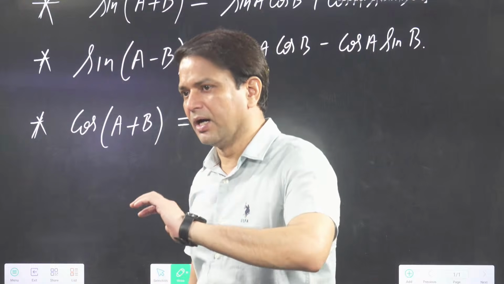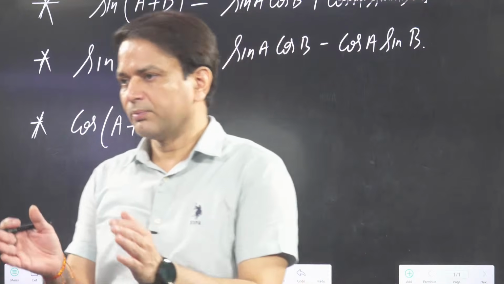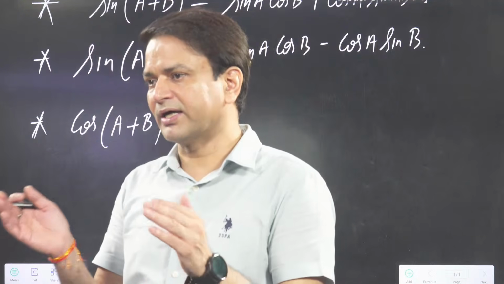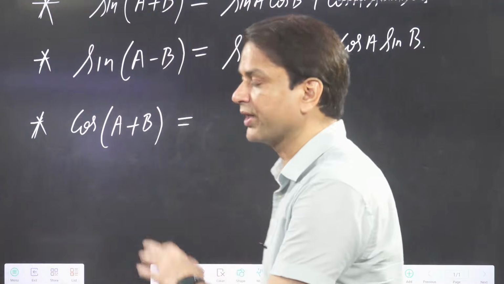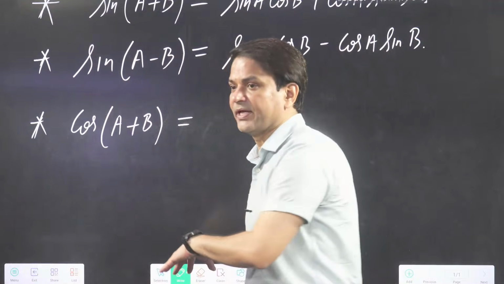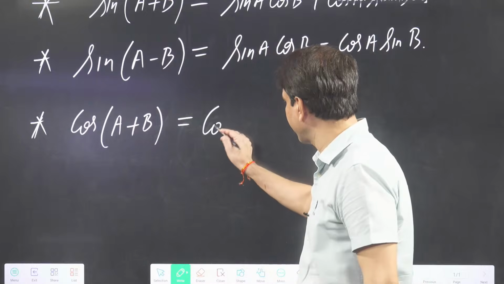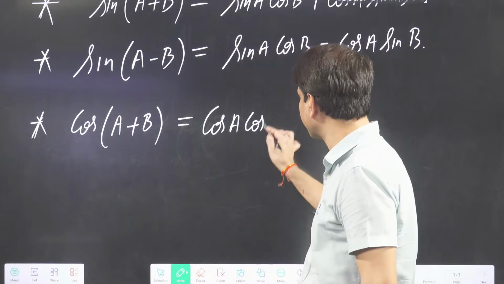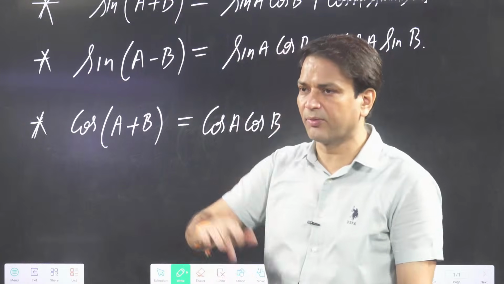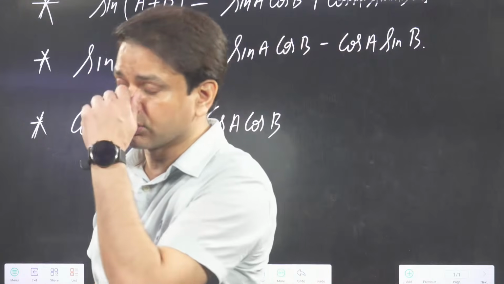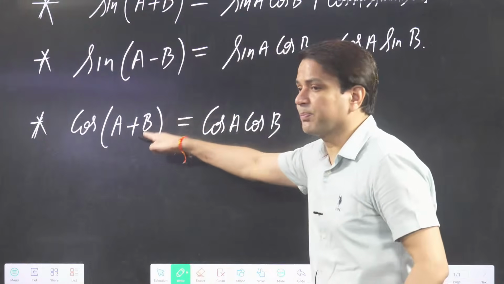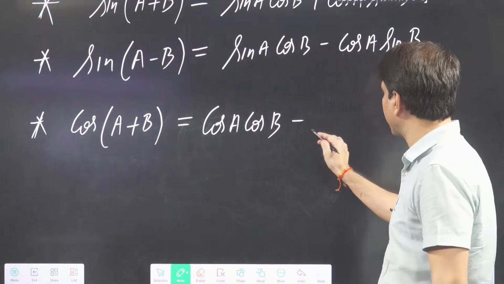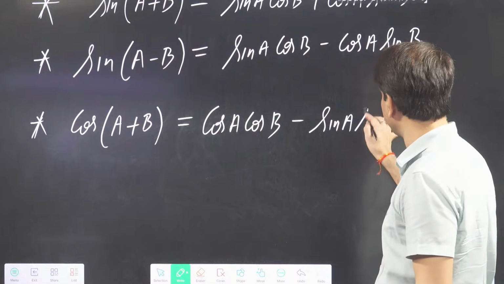But in the cos formula, one term will contain both cos and one term will contain both sine. So cos a plus b is cos a cos b, and in between, minus of sine a sine b.